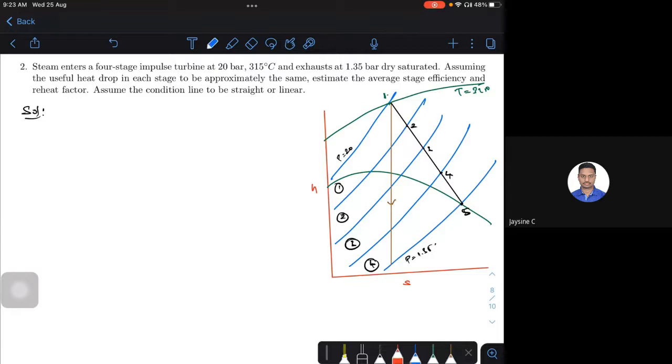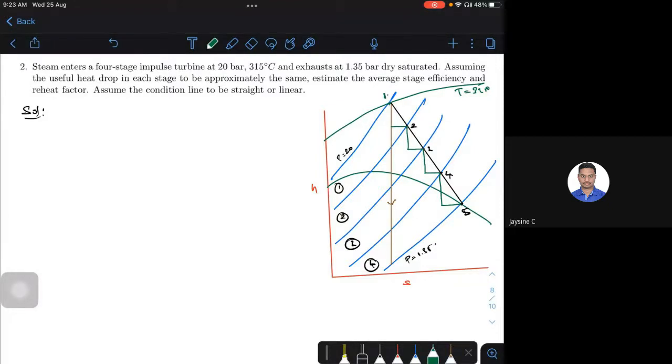So at any given point, I can simply draw the corresponding lines. This is your stage at any given point. I can draw a vertical line, then a horizontal line, a vertical line, a horizontal line.